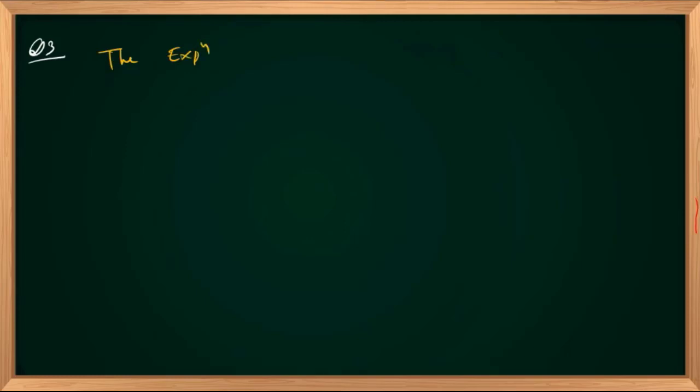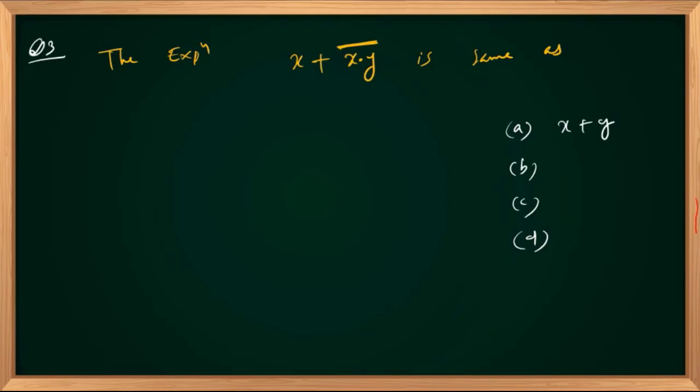The expression x plus xy, the whole complement, okay, x plus xy, the whole complement, is same as four options: x plus y, logic 0, logic 1, x.